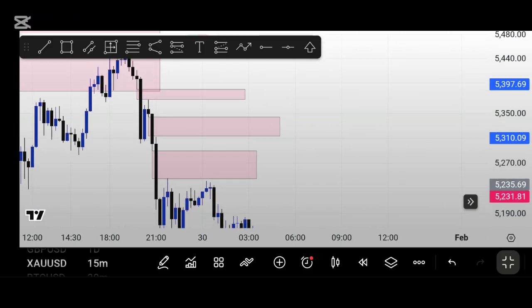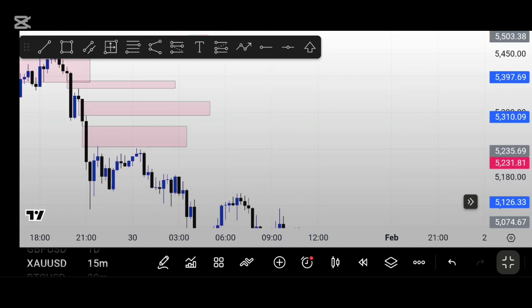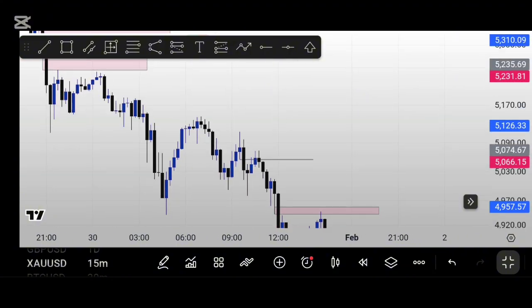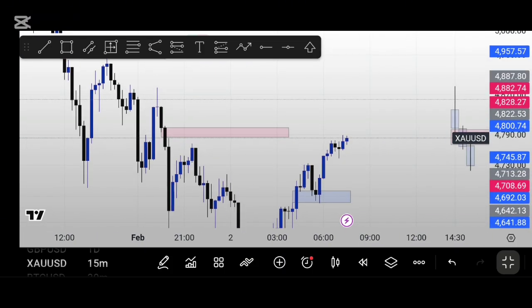So most of the time you are waiting for the market to come to your POI, or point of interest, like your demand zone or your breaker block. But you find out the market actually misses your entry. If you know the concept of fair value gap, you understand that most of the time it reacts to your fair value gap and won't come back to your order block. You get?